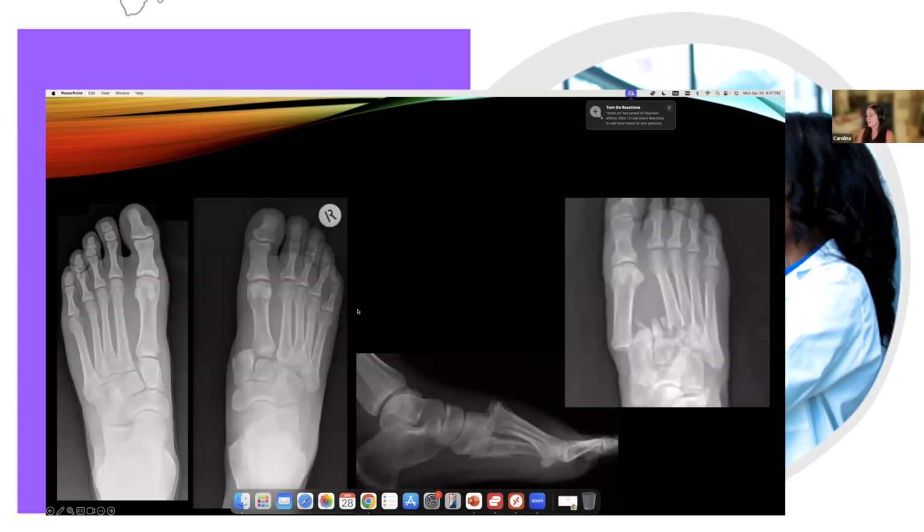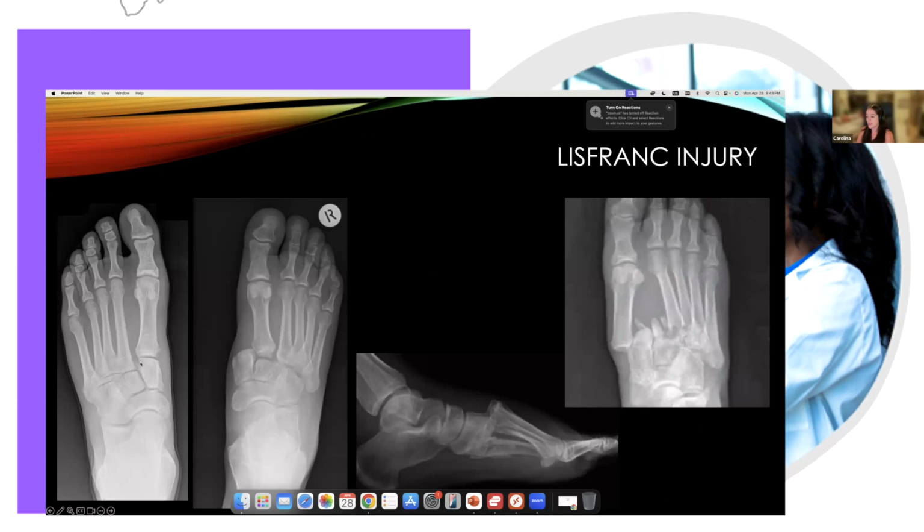Now, in this case, we have what we call a Lisfranc injury. Lisfranc is basically the joint, or the place, where the metatarsals get together with the tarsal bones.